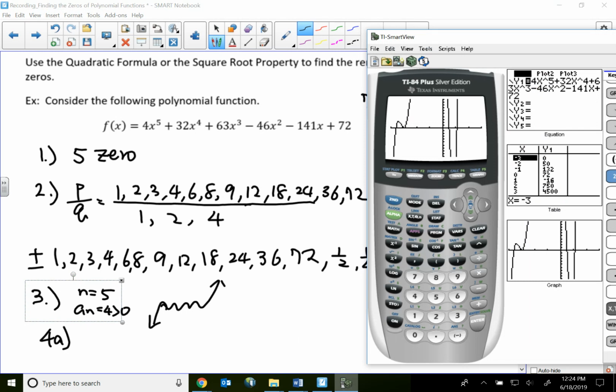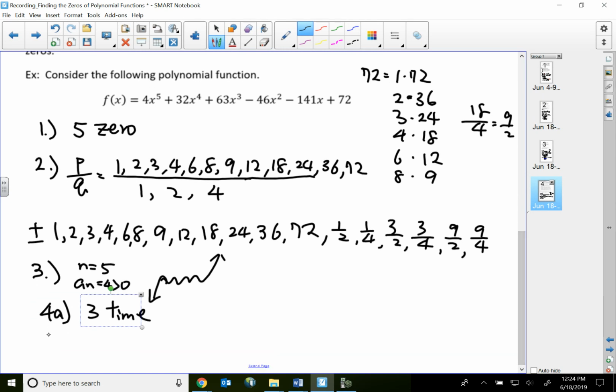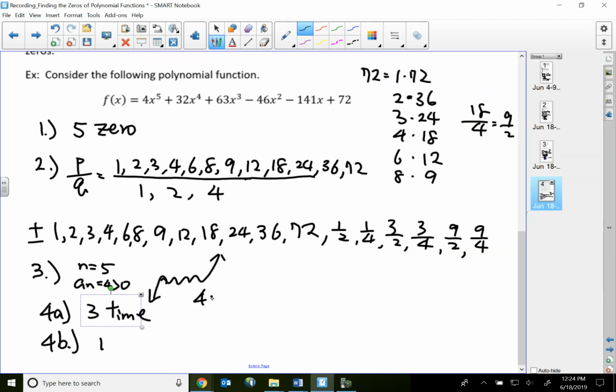All right, so how many times did I see cross? 3 times. What can the possible multiplicity be? Gotta be odd. Gotta be 1. It cannot be 3 because I'm crossing 3 times. Each one gotta be 1. All right, how many times did I see it turn? 1 time.